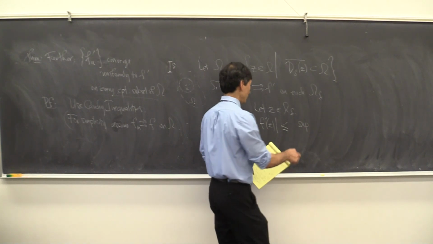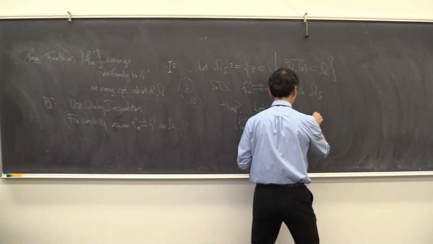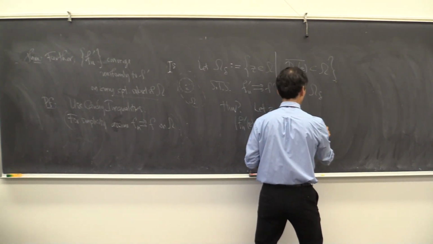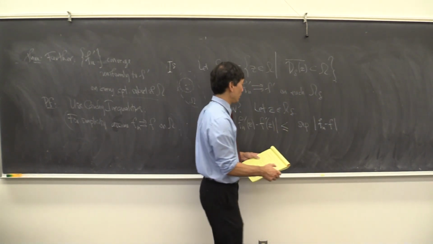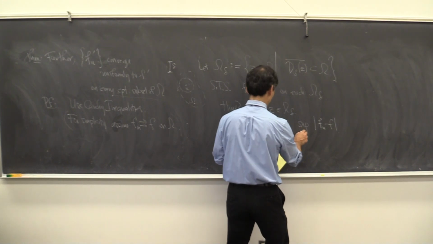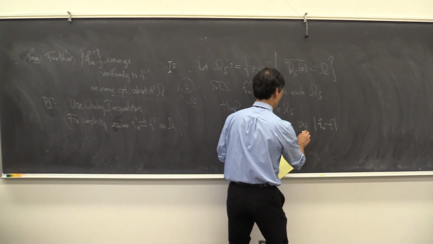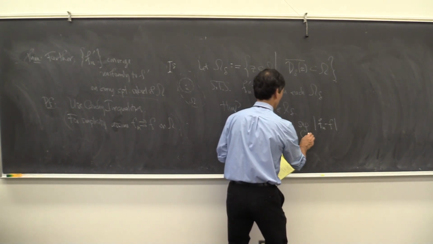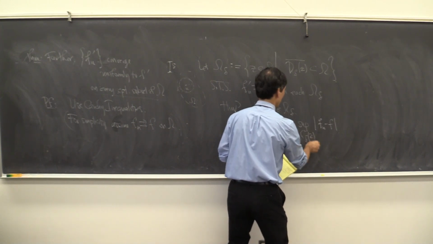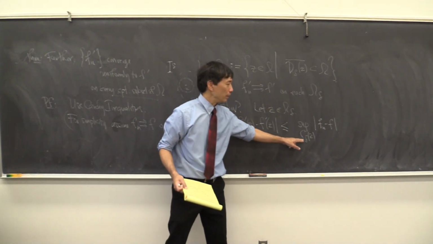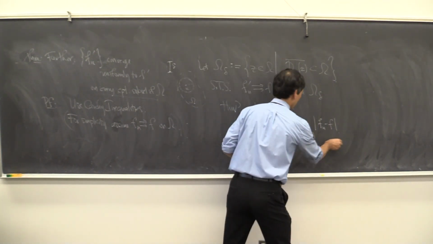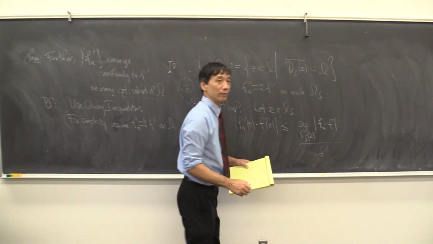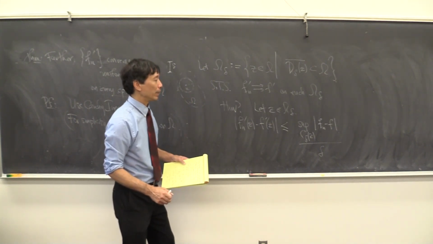So this is controlled by the supremum of the difference between the original functions as you range over the delta circle centered at z, divided by the radius of that circle.